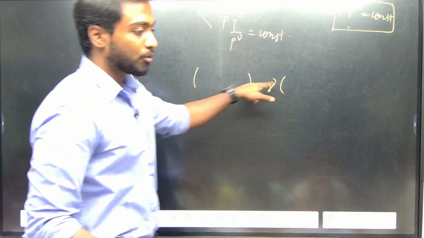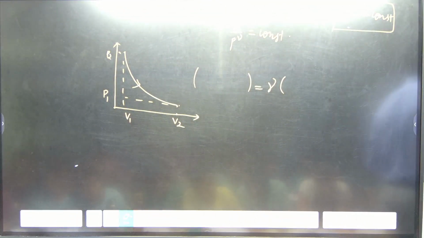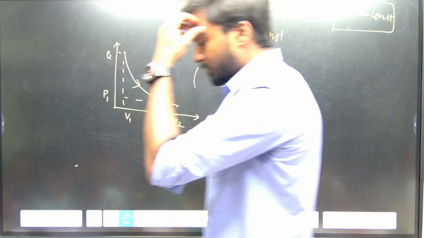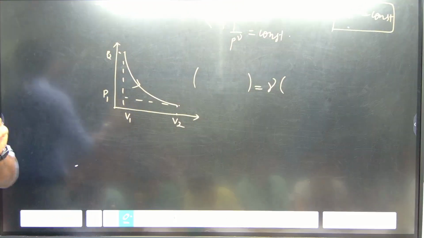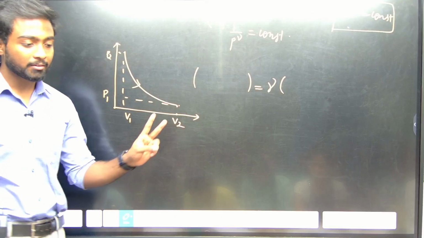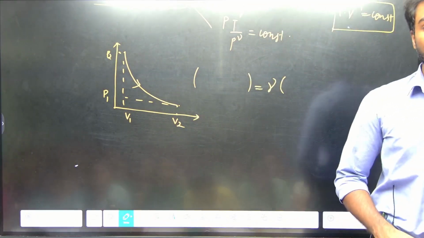Gamma times the slope of the isothermal process. Isothermal process. Okay. So both the curves will look similar to each other, but how to identify the curves: the adiabatic process will be steeper than the isothermal process.